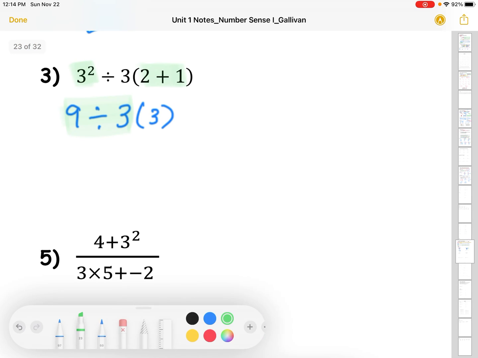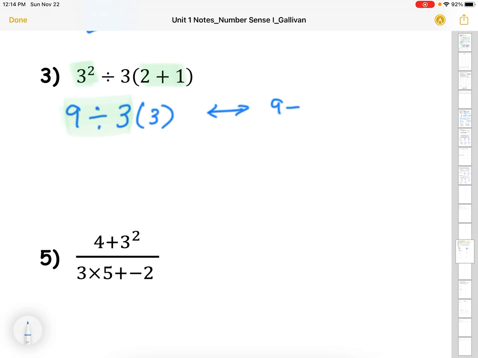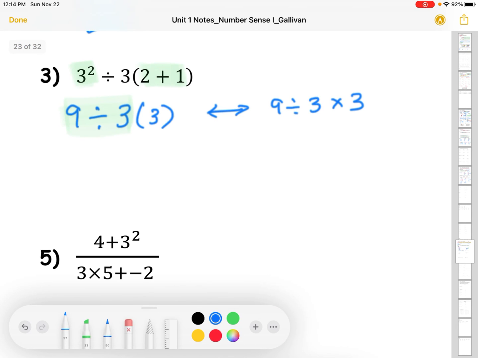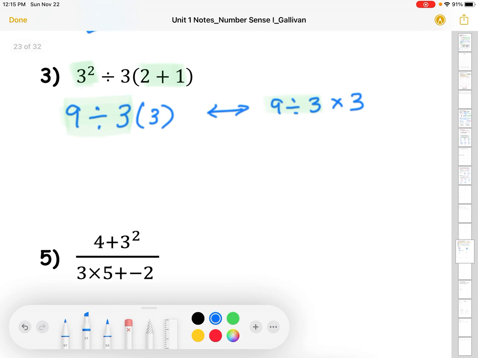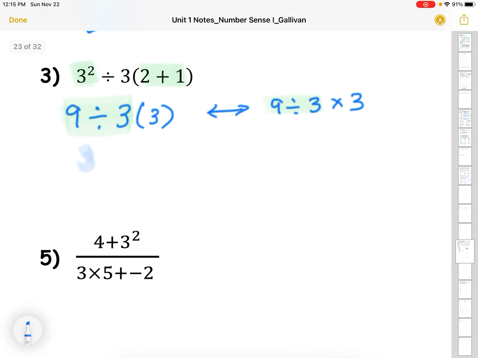It is. But remember, this is just another way of writing 9 divided by 3 times 3. That's just another way of writing it. So if we write it like that, we can see that this is what happens first. If we don't do it this way, we're going to get a different answer. Okay? So 9 divided by 3 is 3.